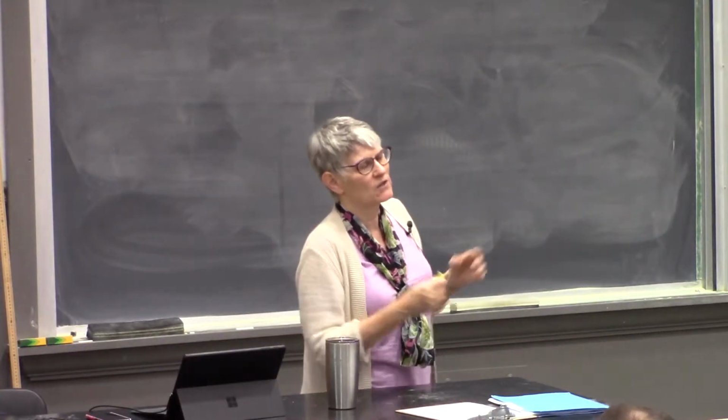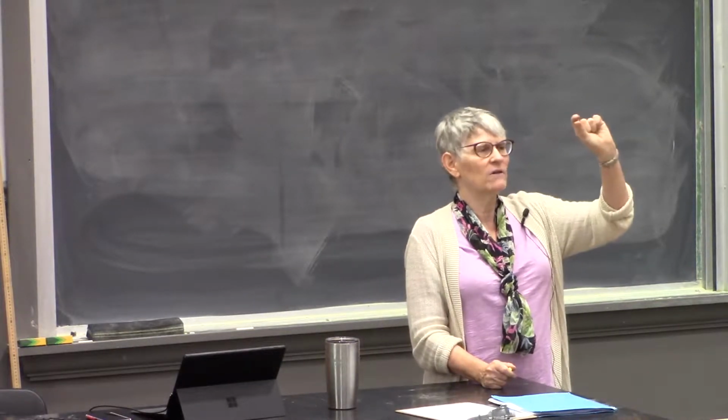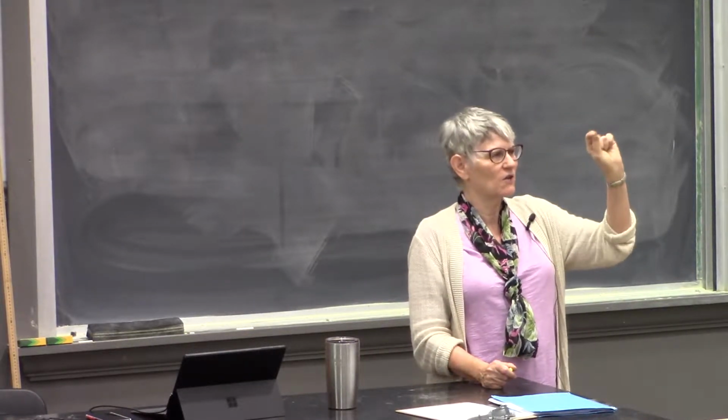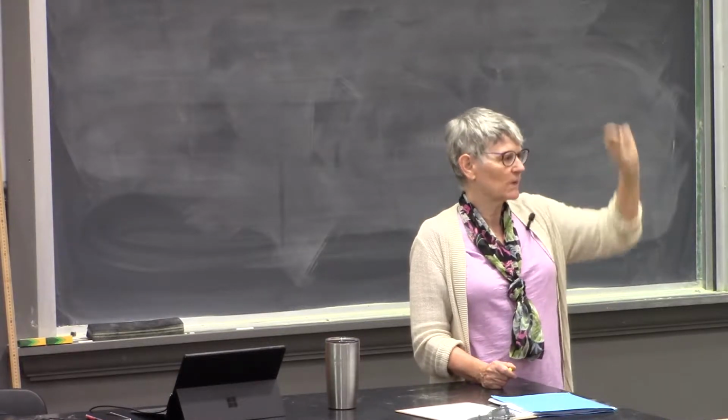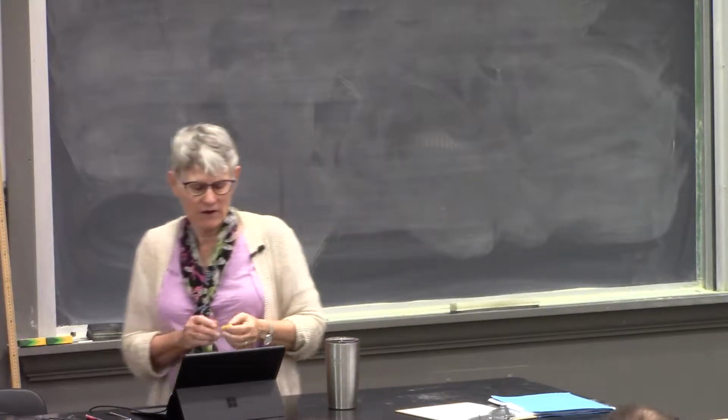Now, when we talk about things like gravitational forces or electric forces, we're considering the point of application of the force to be the center of mass of the object. And so it's how far the center of mass of the object moves.